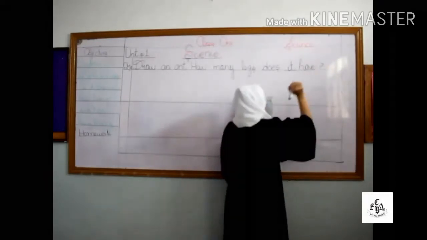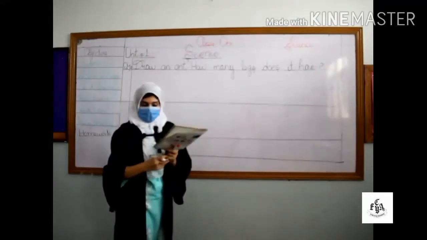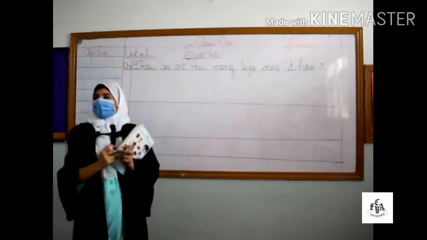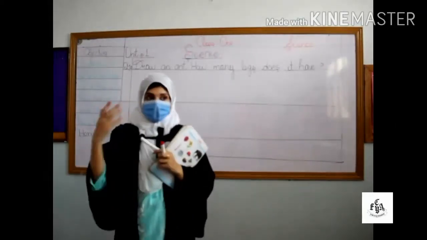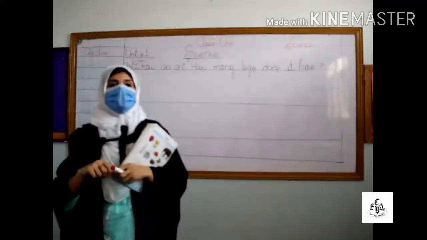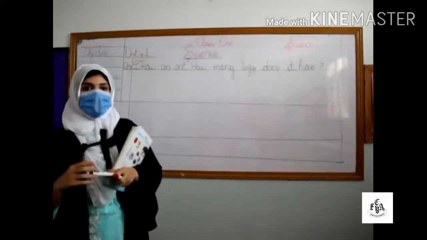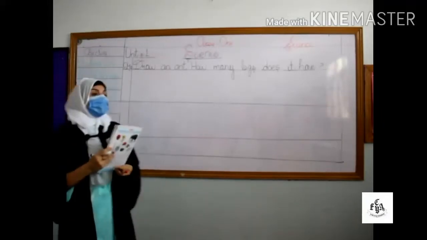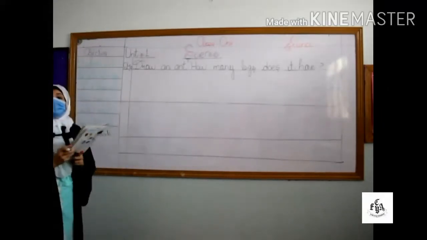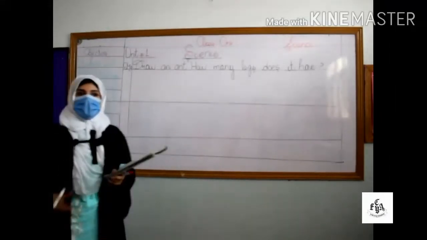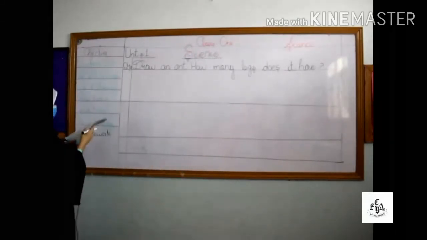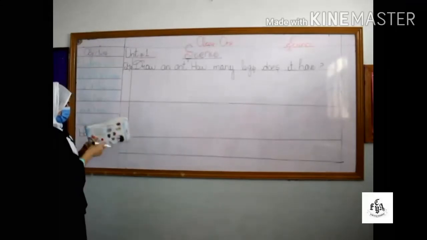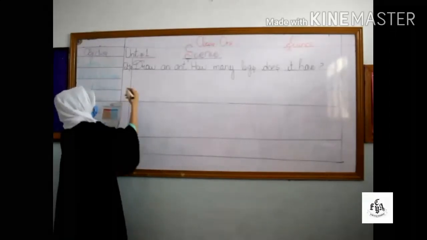Question mark. Clear? How many legs does an ant have? Do you know? Think, yes? Yes, very good. An ant has 6 legs. How many legs? 6 legs, yes. So, you will draw an ant.